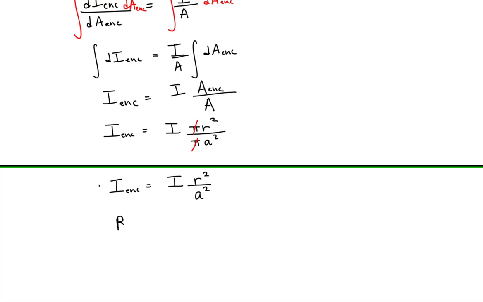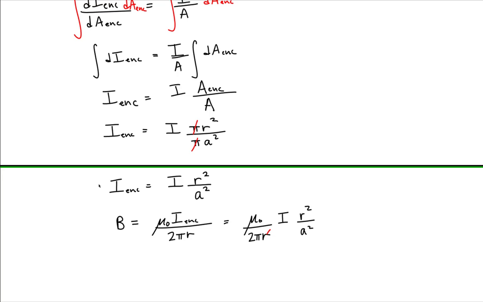We can use this now to come up with the expression for our magnetic field within the cylinder. The magnitude of the magnetic field is equal to mu naught I enclosed over 2 pi times the distance from the center of the cylinder. This is just mu naught over 2 pi r times I r squared over a squared.